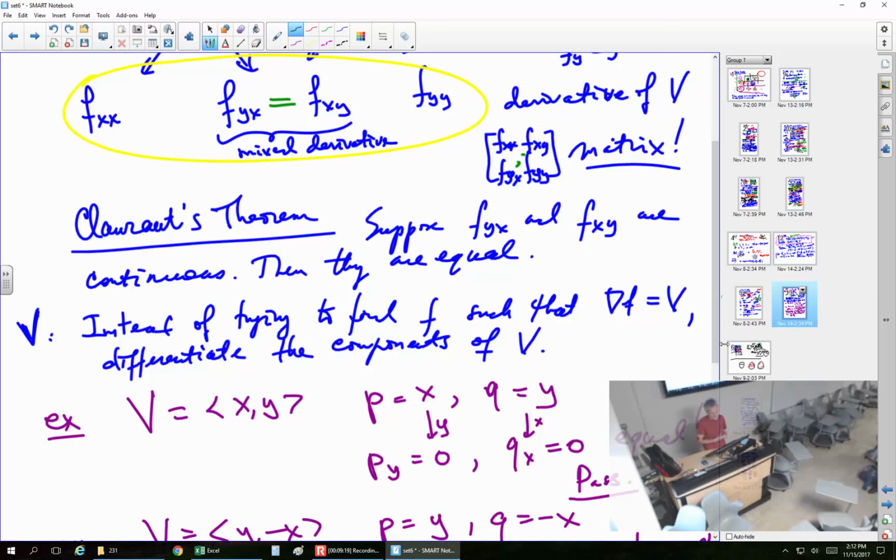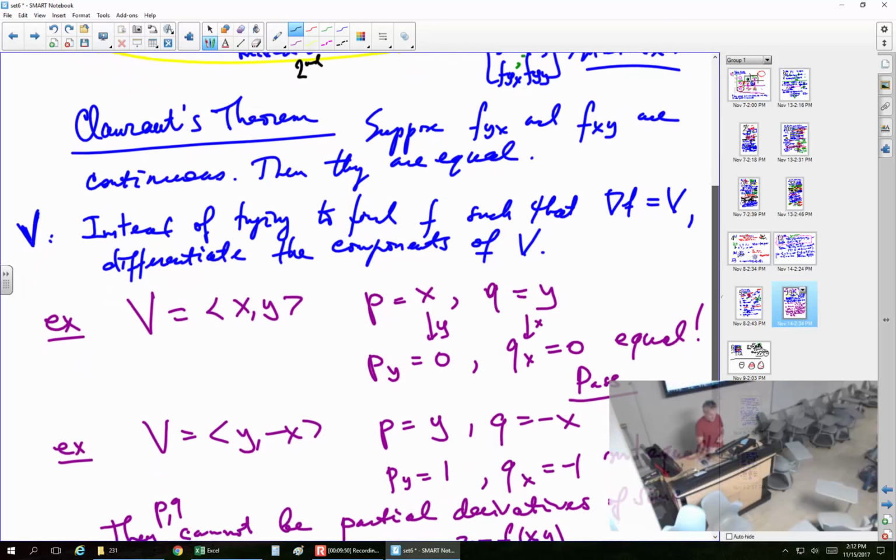Let's just say a polynomial, any combination of easy functions, then there is nothing to worry about. The mixed second derivatives will be equal. That doesn't make our life easier, but it helps us with gradient vector fields: to know which vector fields come from gradients, and which do not.